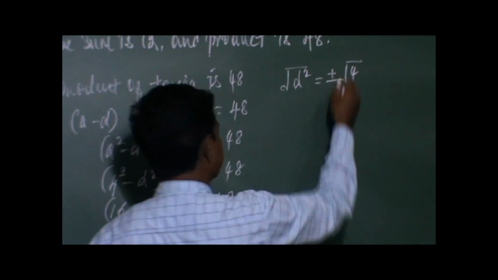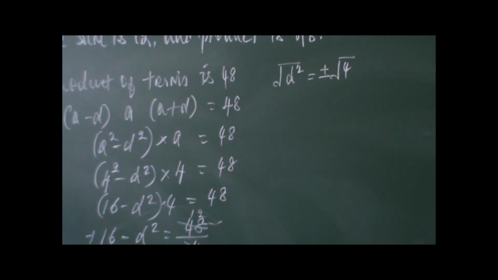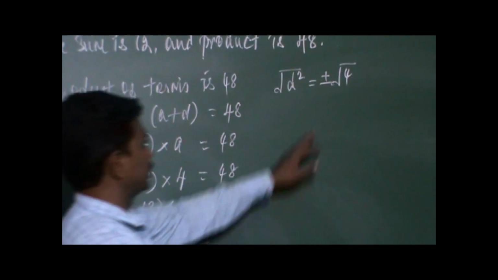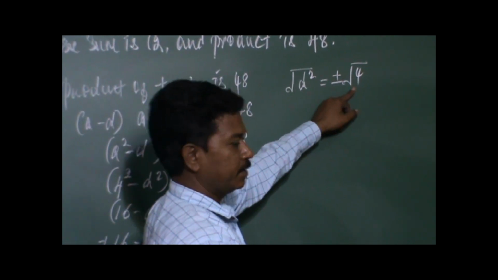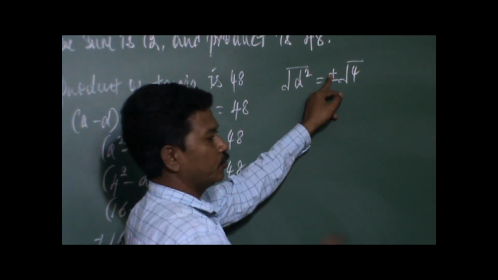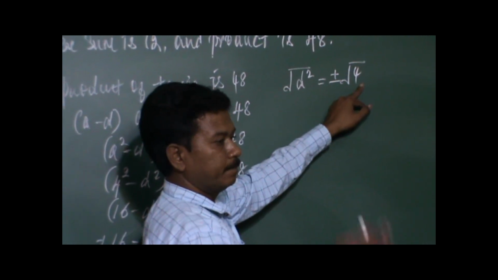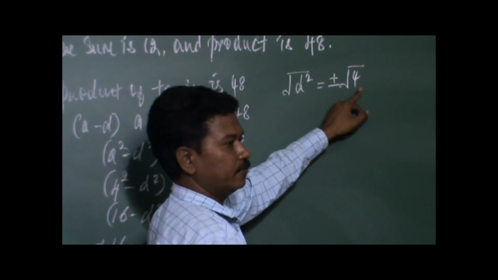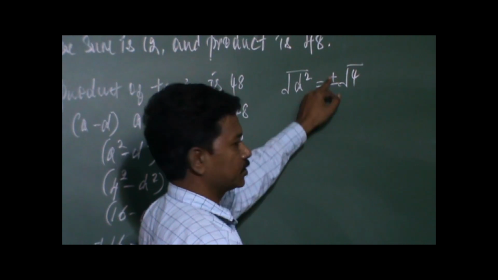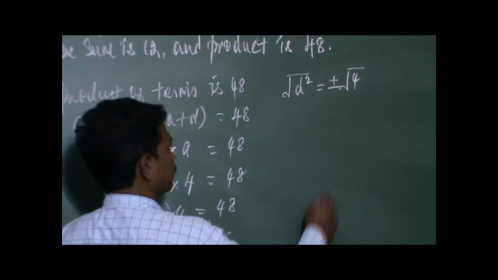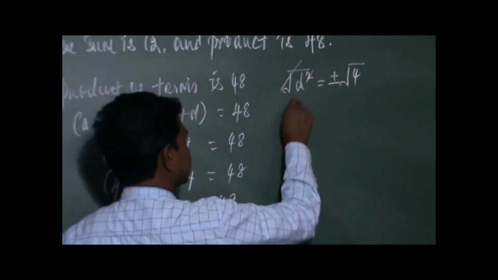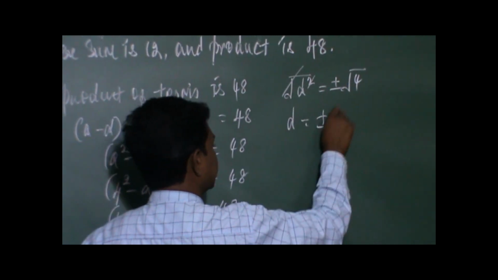Don't forget to mention plus or minus. Why should we put plus or minus in front of the square root symbol? Because plus 2 into plus 2 is 4, and minus 2 into minus 2 is also 4. Therefore, you have to put the sign plus or minus in front of the square root of 4. Square and root cancel. D is equal to plus or minus 2.